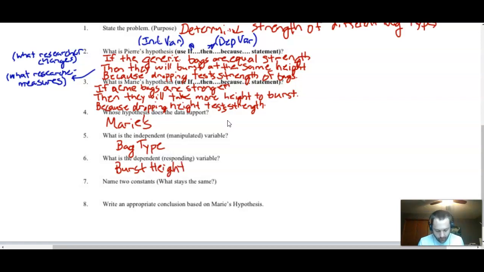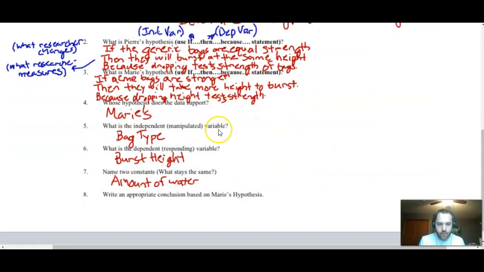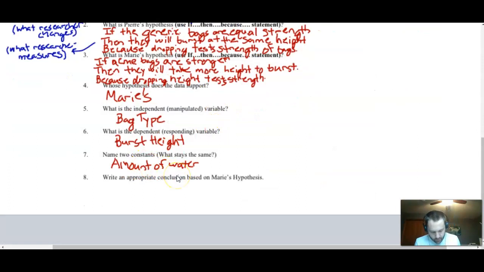Name at least two different constants. So there's one that it gives us that's pretty obvious. They fill each brand with equal amounts of water. So we can say amount of water. And then again, I'd like to make you think on it a little bit. But one that we could say is probably, because sometimes we have to make some assumptions, the person dropping the bag.